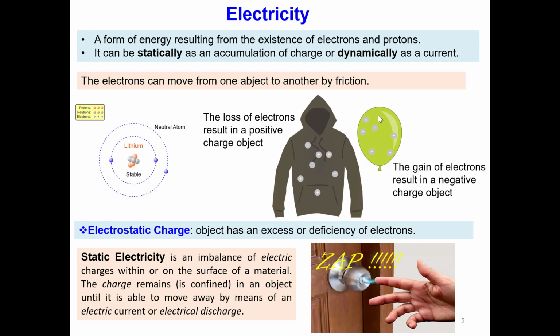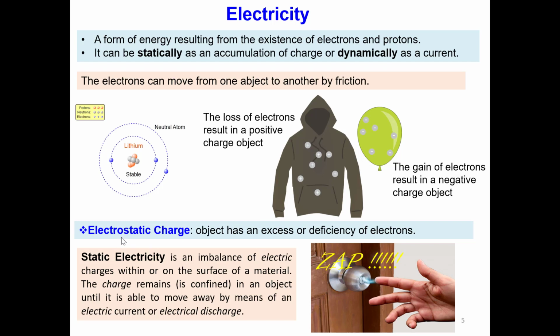The opposite can also happen. If an object or material gains electrons, it becomes negatively charged, meaning it has more electrons than protons.